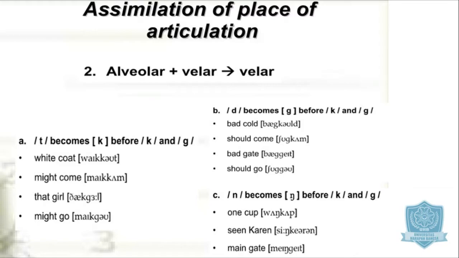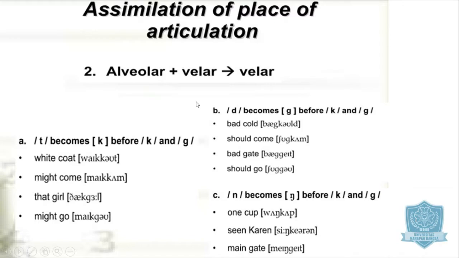The second type of assimilation of place of articulation is alveolar plus velar. Alveolar sounds like T, D, N, and then the velar like K or G. For example, white coat. This is the alveolar T. So this letter T will change, because T belongs to the alveolar.